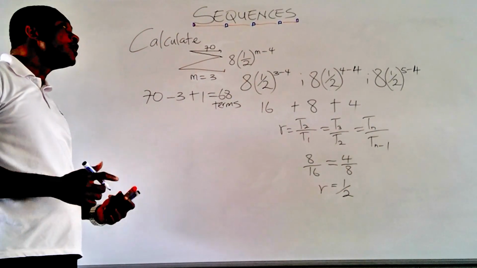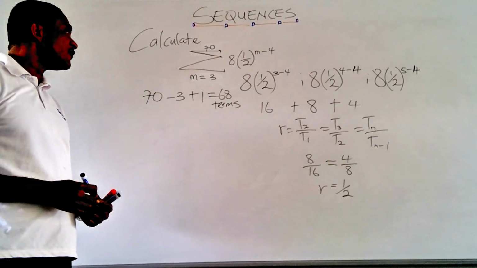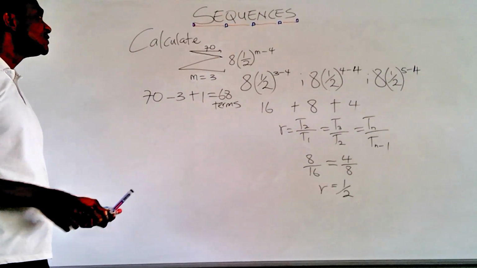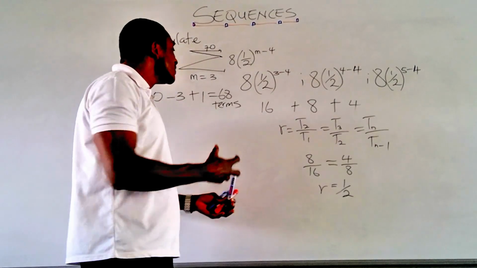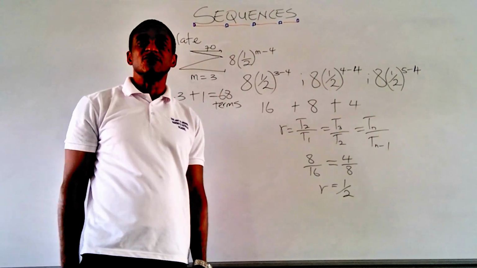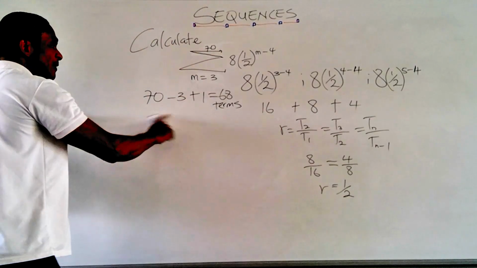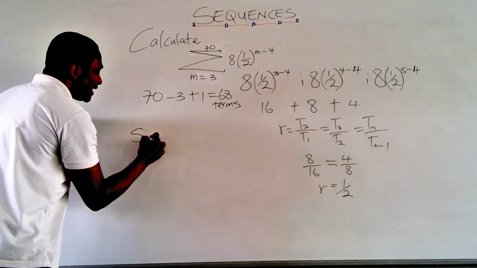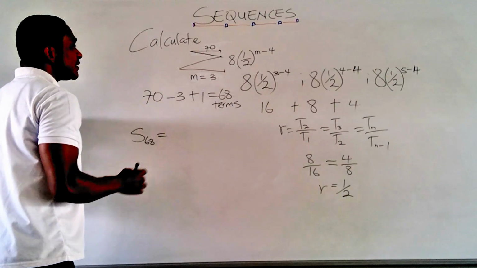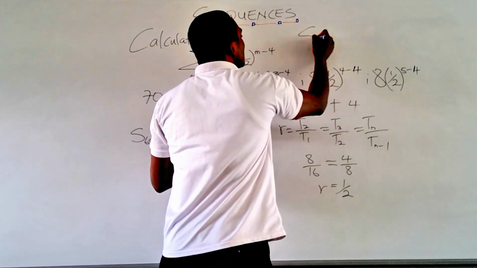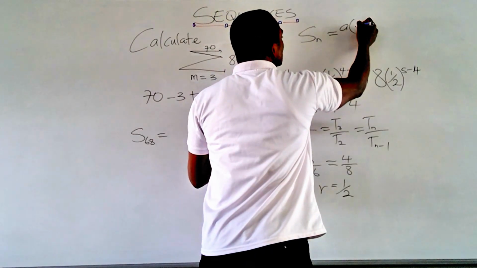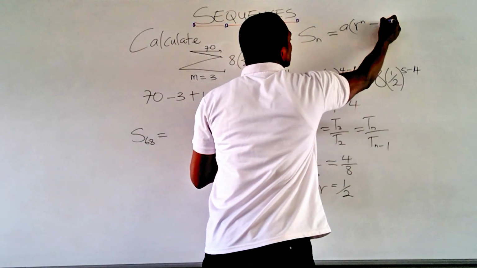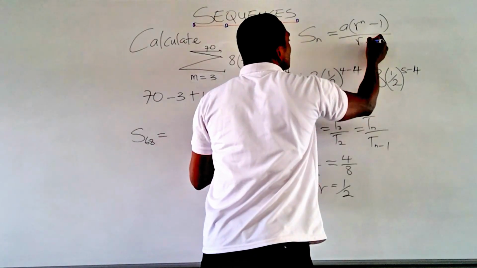And then we can go to the formula for the sum and plug this in to get the sum when we add up all the 68 terms in this sequence. Remember, the formula is Sn equals A into R to the n minus 1 all over R minus 1.